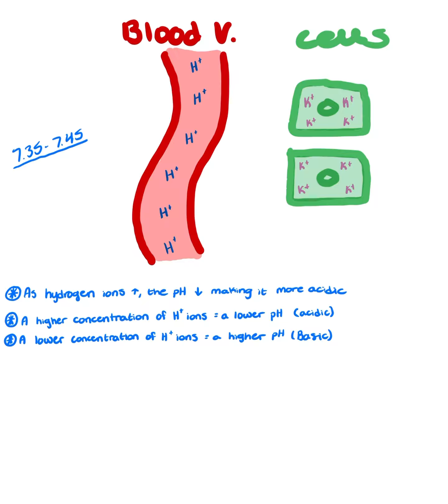As potassium leaves the cell, it's called hyperkalemia, meaning too much potassium in the blood, which has detrimental effects even if the total body potassium is normal. So we're not gaining or losing potassium, we're just changing where it is. And if there's too much in the blood, that's when we can start seeing those cardiac arrhythmias and then eventually death.